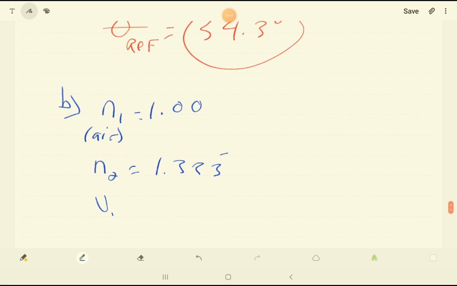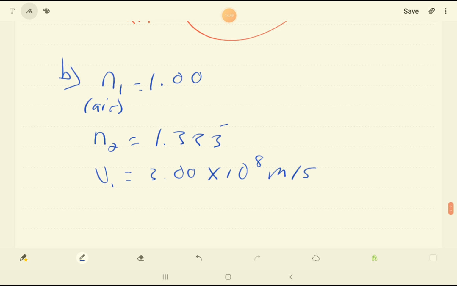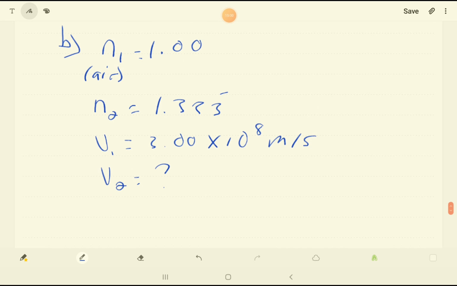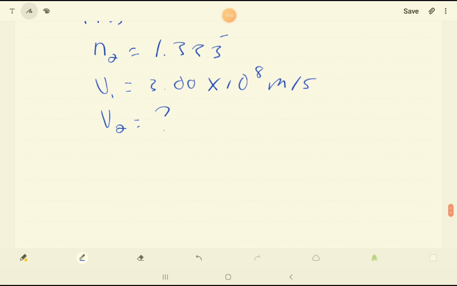Now, we do have the speed of light in air, which is 3.00 times 10 to the 8 meters per second. But we know that refraction is essentially caused by a change in speed of the wave, so we don't really know what the speed of light in water is, but we can isolate for it using an equation that we did list previously and that was given to you in grade 10 optics.